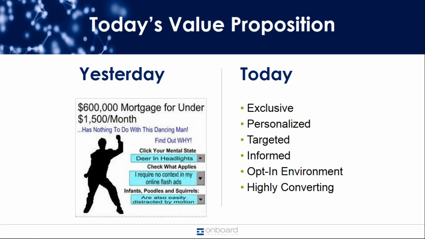Today's solutions need to be a little bit different. They have to offer the consumer something that is personalized around the request for the financial services they're looking for. It has to create some exclusive information to them and allow them to come away informed and opt into your institution's offerings.